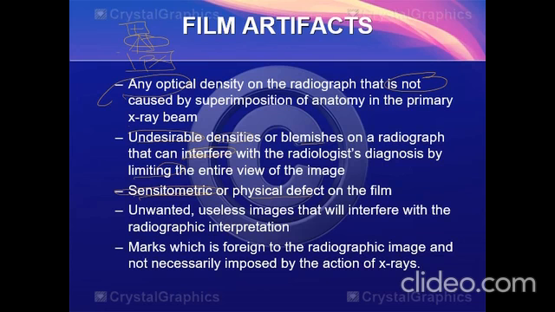When the emulsion has been sensitized, not because of the primary radiation, it can also interfere. It can lead to misdiagnosis because it will show a different image. Or if it does not sensitize the emulsion, an artifact can also occur through a physical defect.